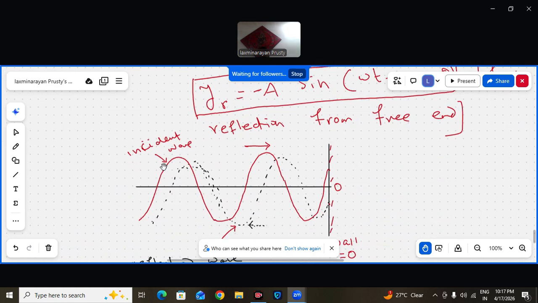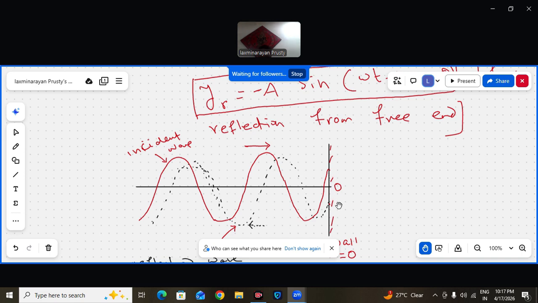The red one is the incident wave traveling here, and the reflected wave should be like this. As you observe here, as it starts moving to the right, the position of the wave above this point O will come down.